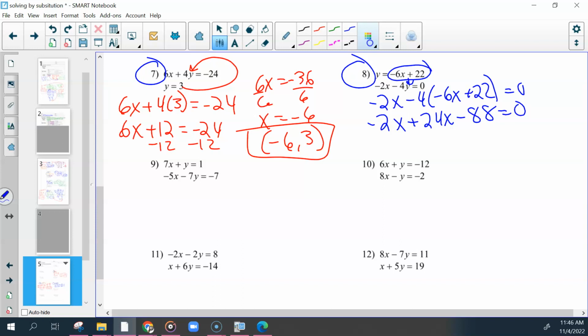Combine your like terms. And solve for x.